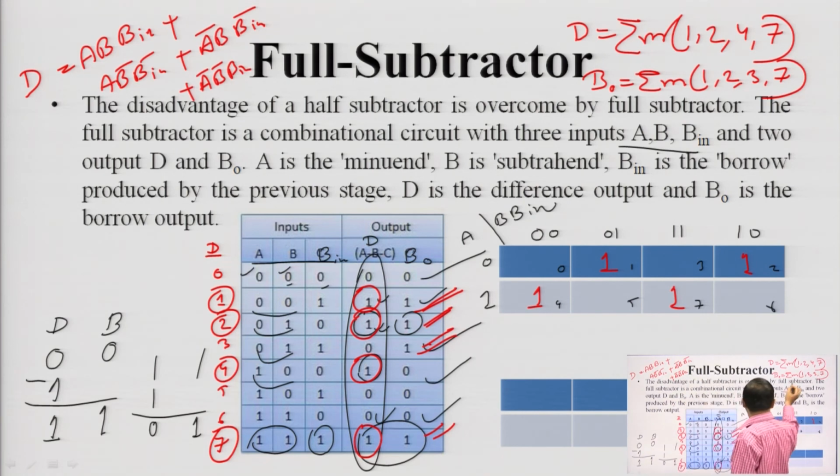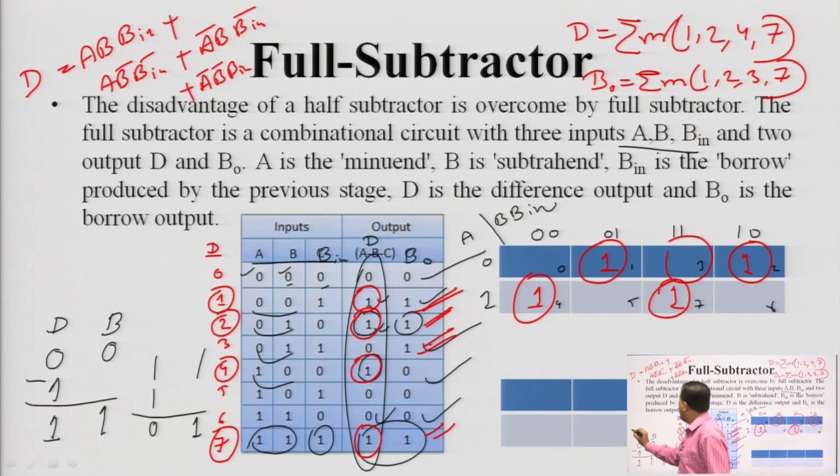This is the minimized form of the K map.